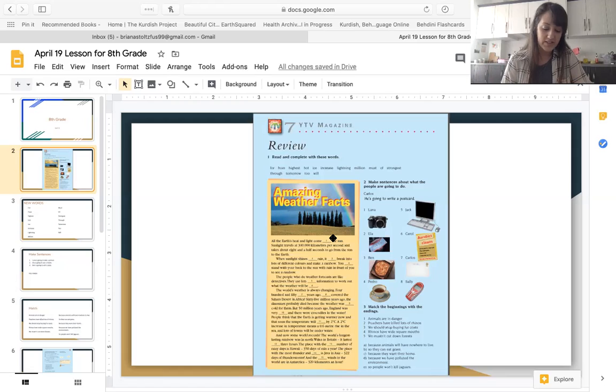Number 2, when sunlight shines, do you know the word for this? The word is through. When sunlight shines through rain. Number 3, will, future tense.